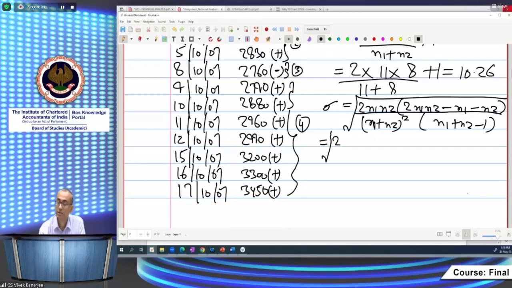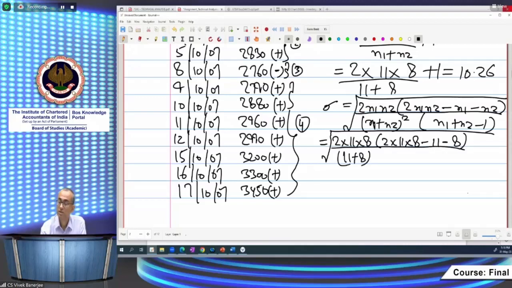Everything will be under root. It will be under root 2 into n1 into n2, multiplied by 2 into n1 into n2 minus n1 minus n2, divided by (n1 plus n2) square, that is (11 plus 8) square, multiplied by n1 plus n2 minus 1. Let us solve it.